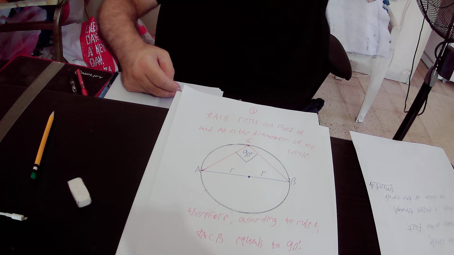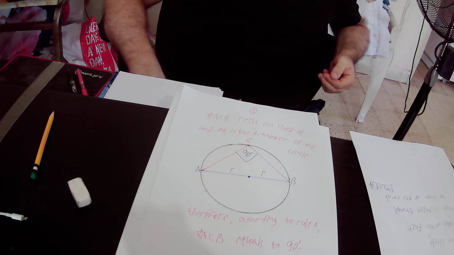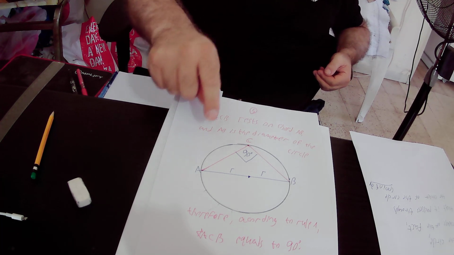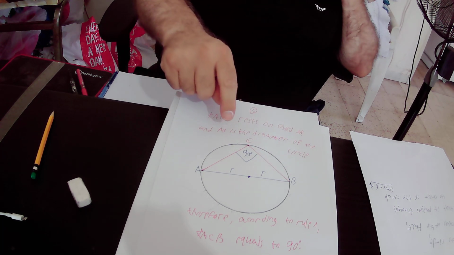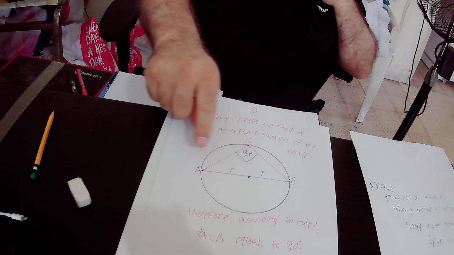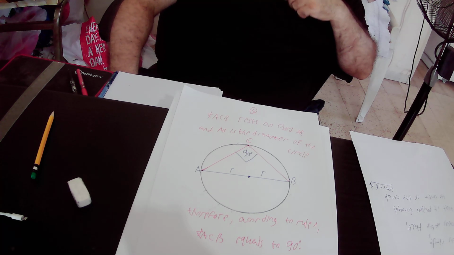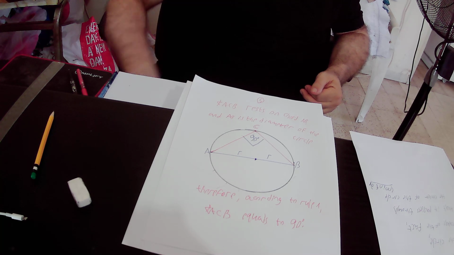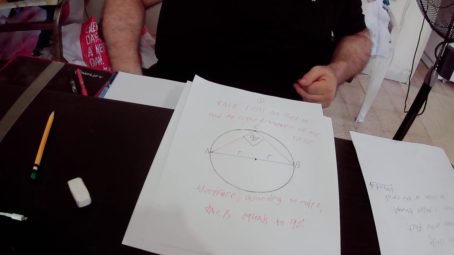Then, as you can see, angle ACB rests on chord AB, that is the diameter of this circle, and therefore according to rule number 1, angle ACB equals 90 degrees. Okay, this is the explanation of rule number 1.